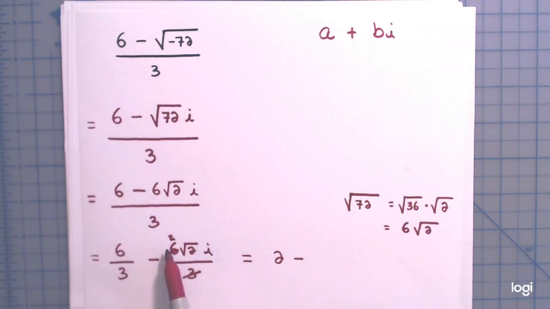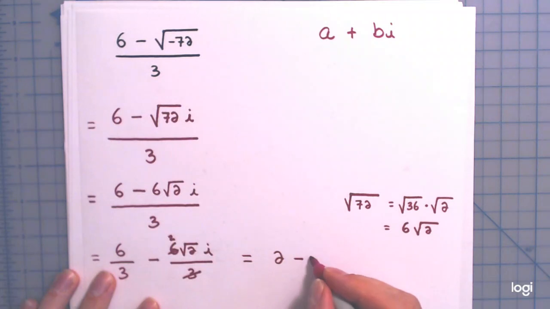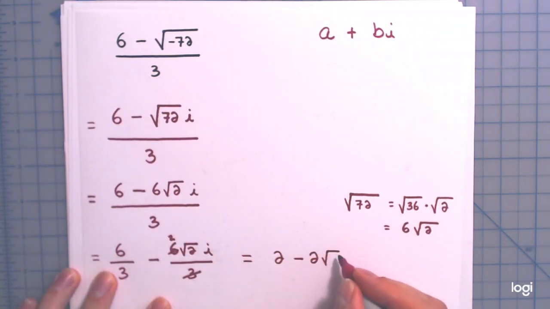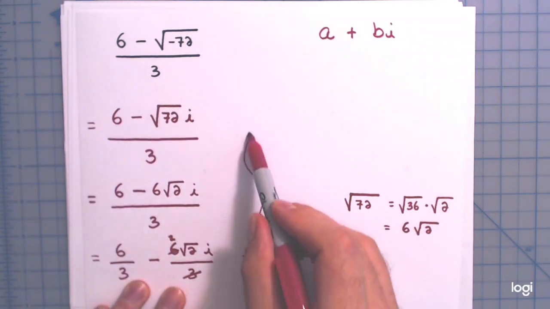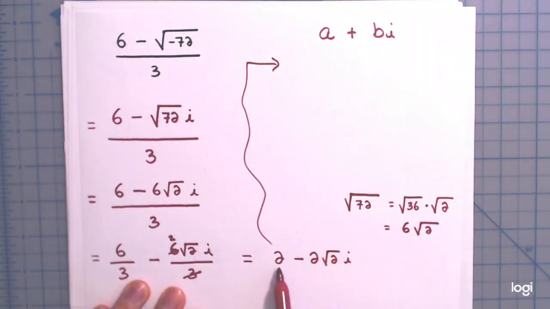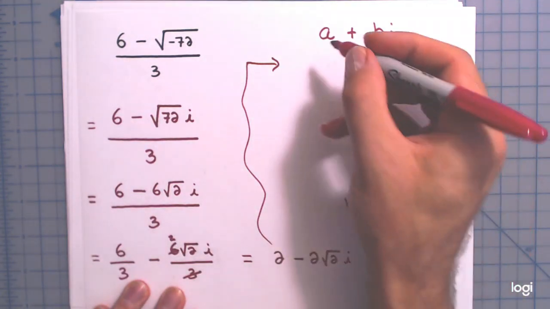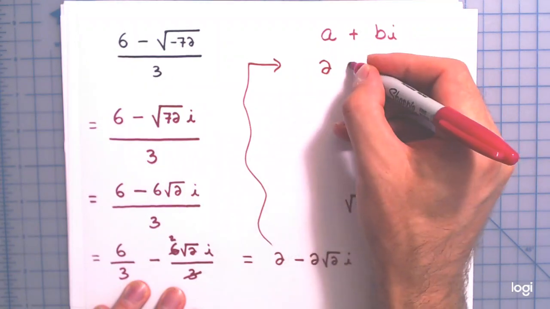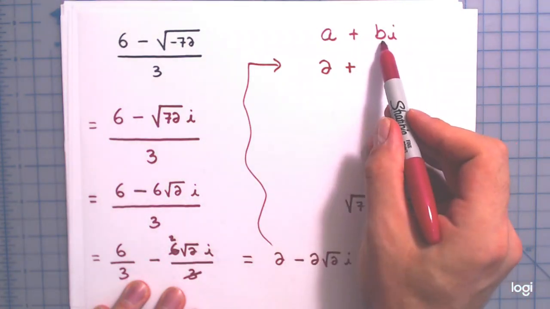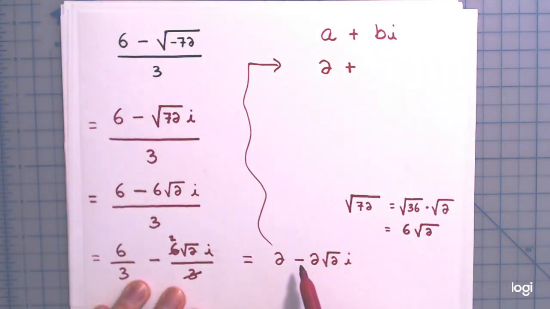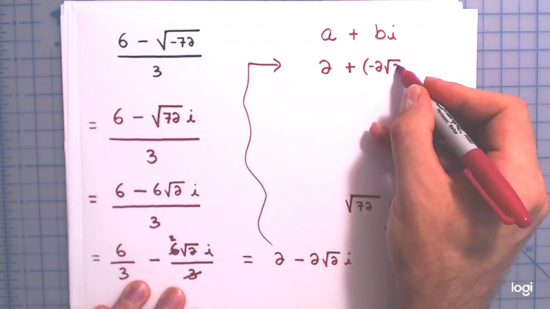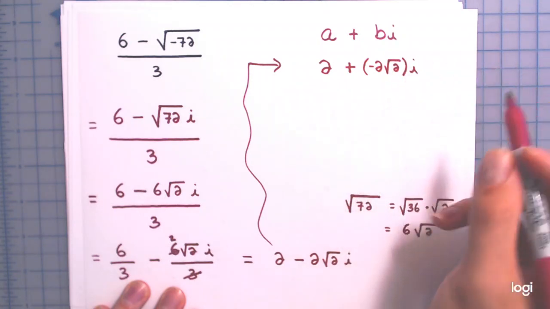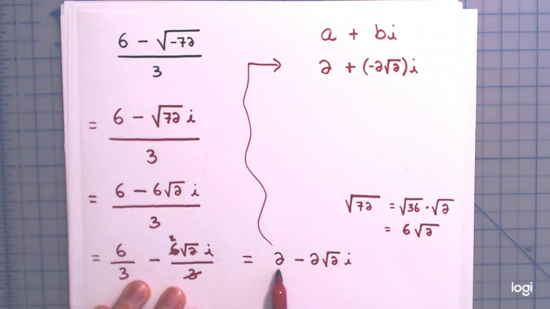Then the next term is minus, and what I'm left with is 2 times the square root of 2 times I. And then if I want to rewrite this in the form that was asked for, the real part is the number 2, then plus, and the pure imaginary number is negative 2 times the square root of 2 times I. So the real part of this complex number is 2.